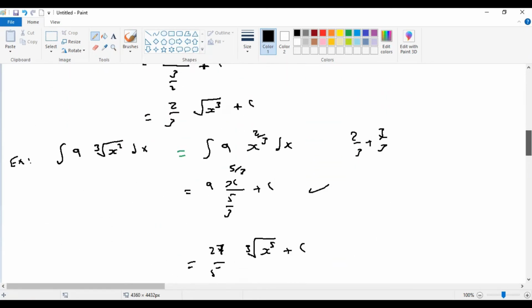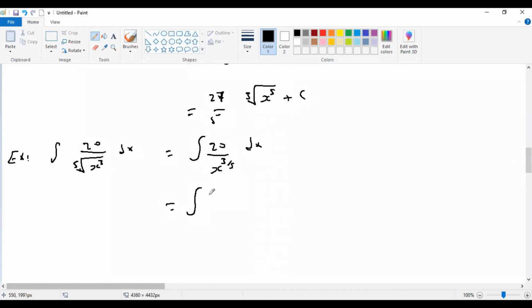So now k is 20, x^n. That means this one you have to switch up. So that is equal to 20 times x to the power negative 3 over 5, dx, equal to the rule. What does the rule say? k x to the power n plus 1.